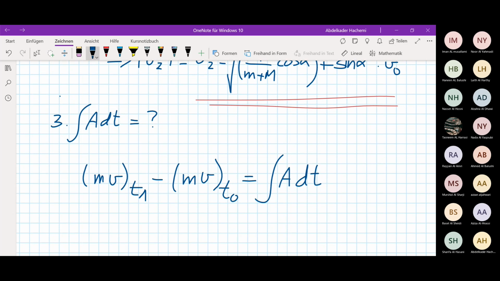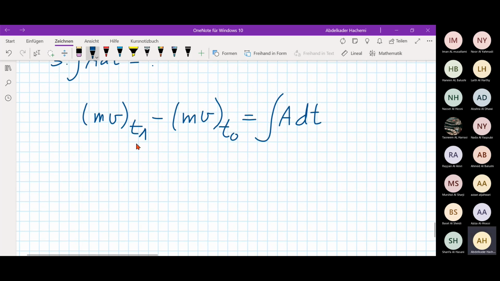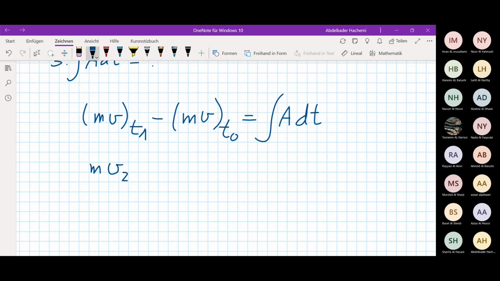Okay, now mv at t1 is only the mass multiplied by v2 in the y direction, and this is minus 0, equal to the integral of A dt.